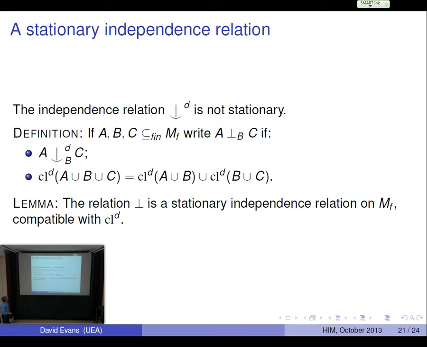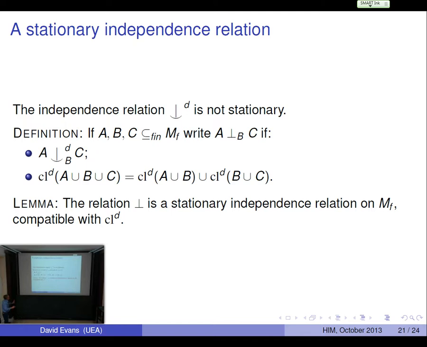We'll write A is very independent from C over B, meaning A is D-independent from C over B, just like in the previous case, and the closure of A and B and C is the union of the closure of A and B together with the closure of B and C. So that's sort of as small as it possibly could be.